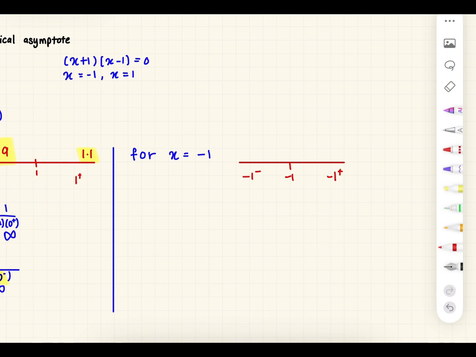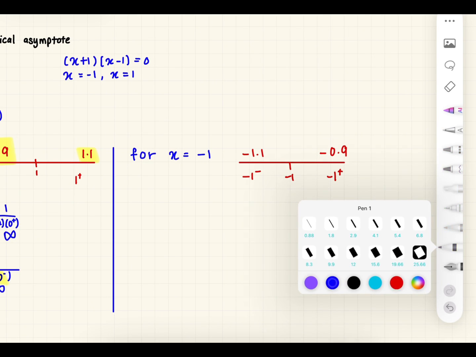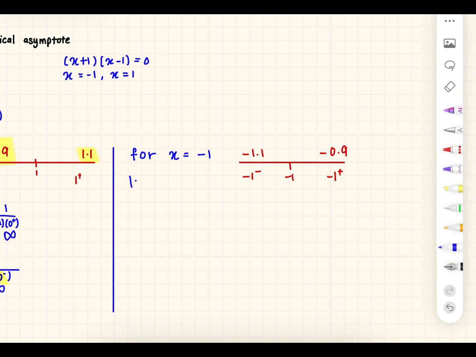Negative 1 from the right, we can put here negative 0.9. Negative 1 from the left, we can put negative 1.1. So we have the limit, again the same function, 1 over (x plus 1)(x minus 1), when x approaches negative 1 from the right.